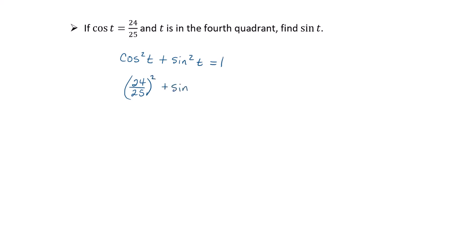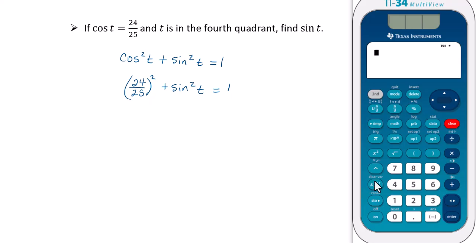Finish out with the rest of the formula, plus sine squared t equals 1. Then I'm going to go ahead and square my fraction. 24 squared, 576, over 25 squared is 625, plus sine squared t equals 1.